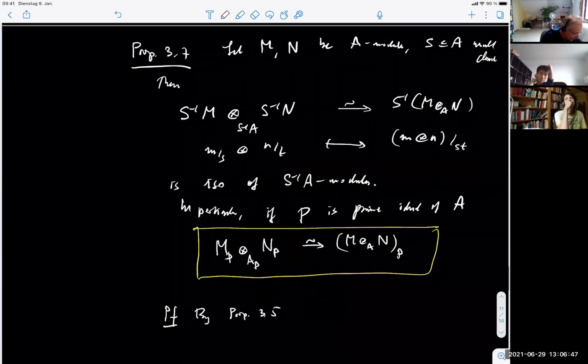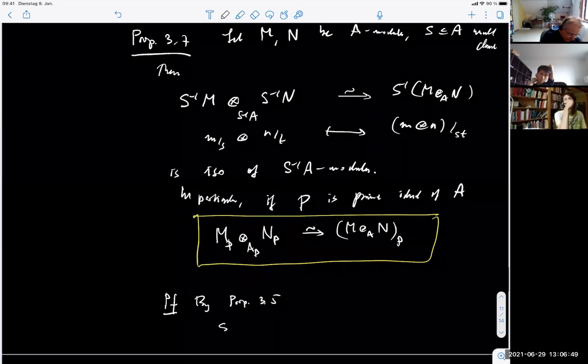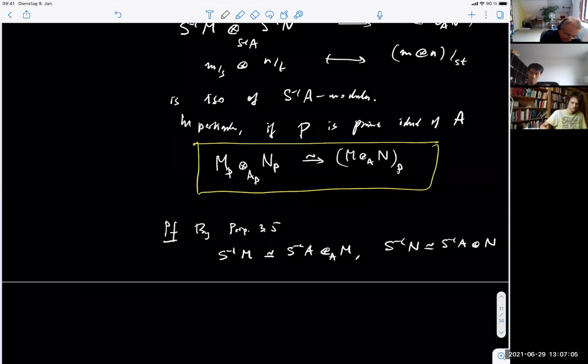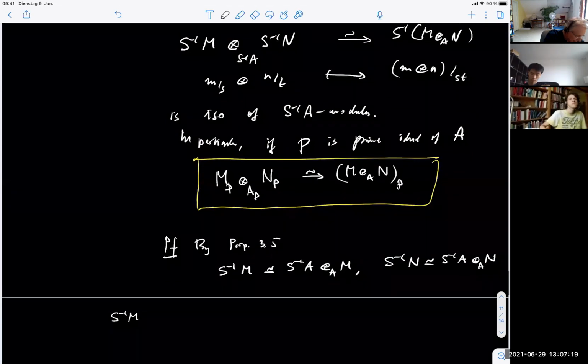So I rewrite it, always trusting that these isomorphisms are canonical. Maybe I write here, I needed some space. Okay, I write the left-hand side of what I want to do.